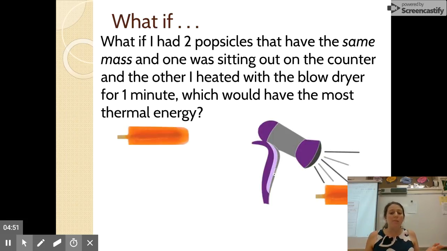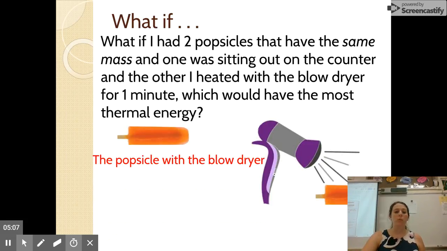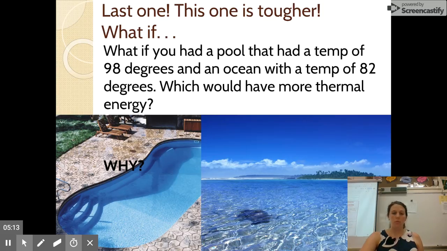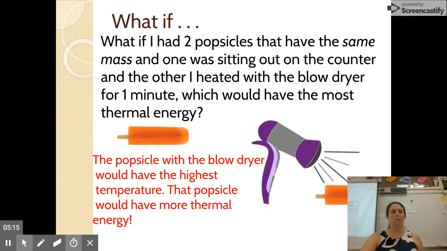They're both melting, but the heat being applied by the blow dryer means those atoms are moving faster, and they have the same amount of mass. So the mass wouldn't be a factor in this one. It would just be the temperature, so the popsicle with the blow dryer would have the higher temperature.